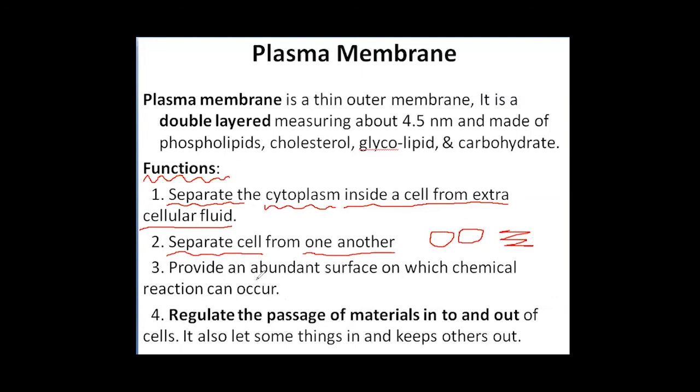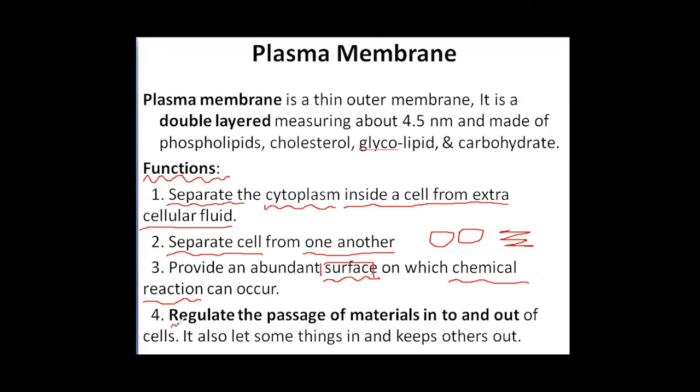And they also have surfaces. That's a more important part. Something will happen there. We say some chemical reactions will happen there. This part we'll talk about in more detail later.